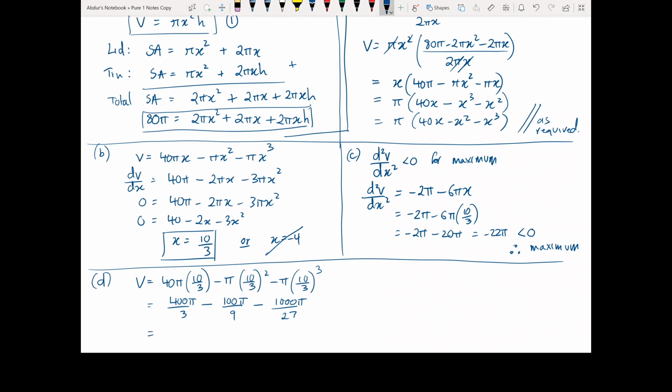And that gets us 2300 over 27 pi is the volume. We can write that in decimals. It's equal to 267.6 centimeters cubed.